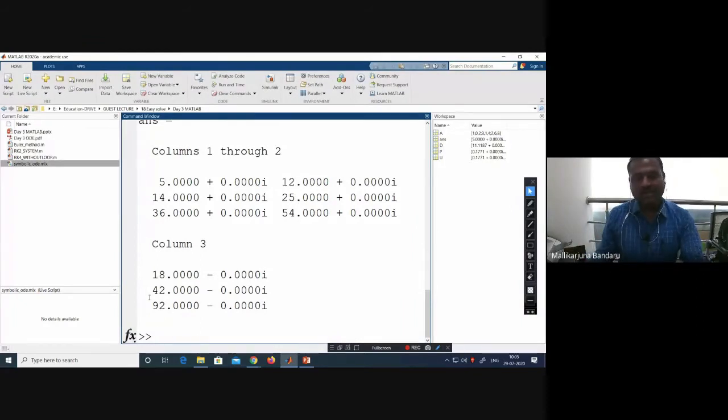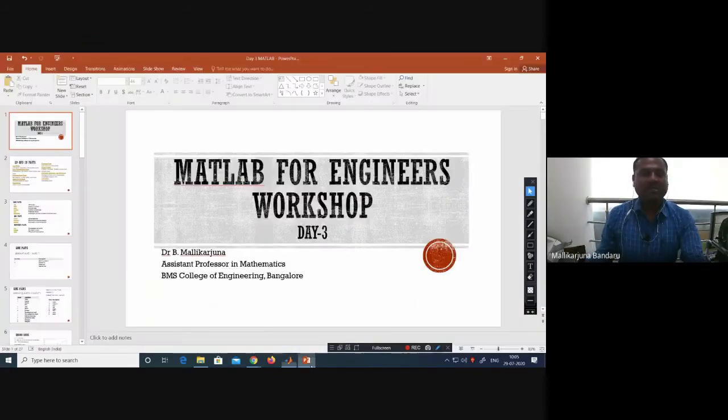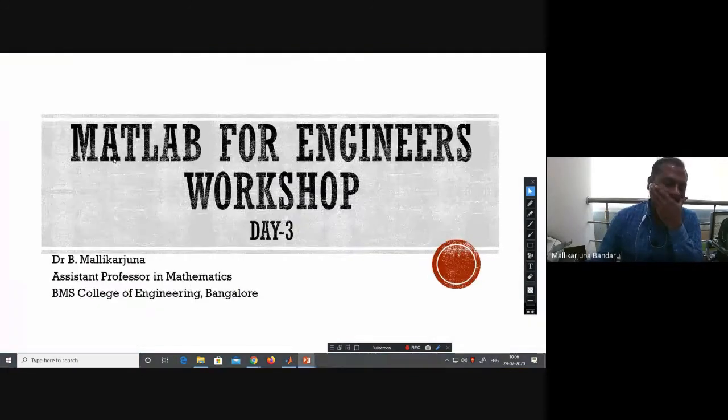Now, let us come to today's session. In today's lecture, I plan to cover 2D and 3D plots, and how to solve differential equations in various techniques.